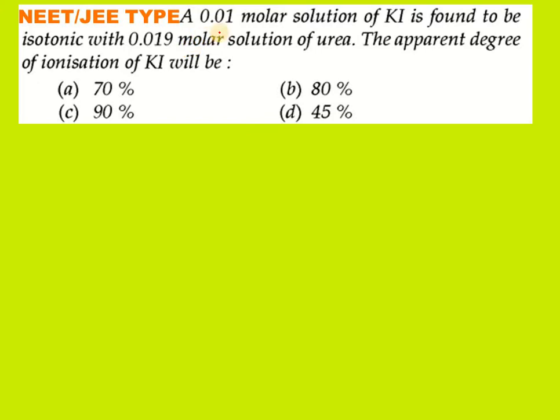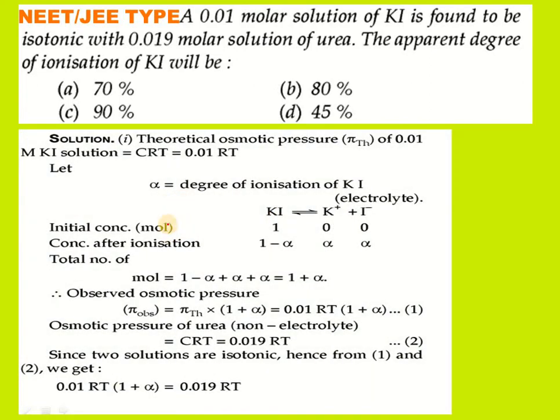See the next question. A 0.01 molar solution of potassium iodide is found to be isotonic with a 0.19 molar solution of urea. The apparent degree of ionization of potassium iodide will be? So here isotonic means their osmotic pressure values should be equal. Now, the theoretical osmotic pressure is with 0.01, so pi is equal to CRT formula. This alpha value is considered as the degree of ionization.